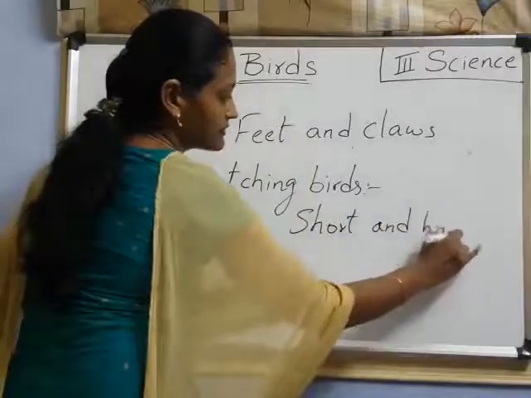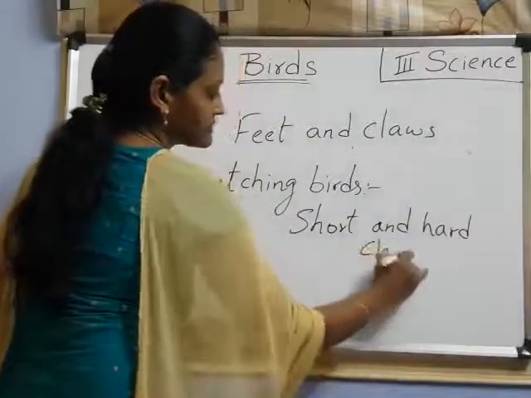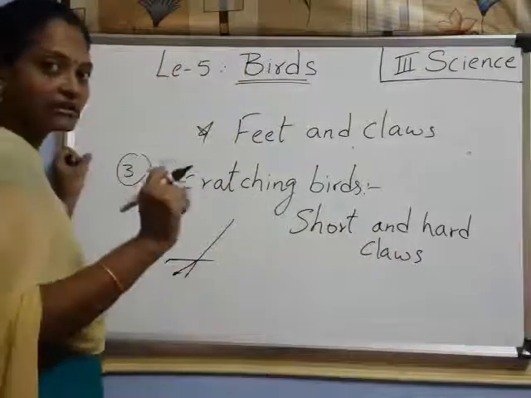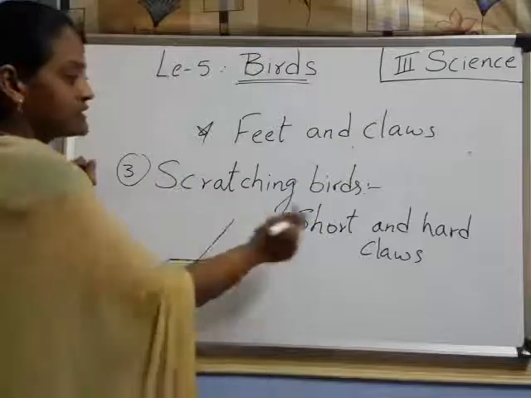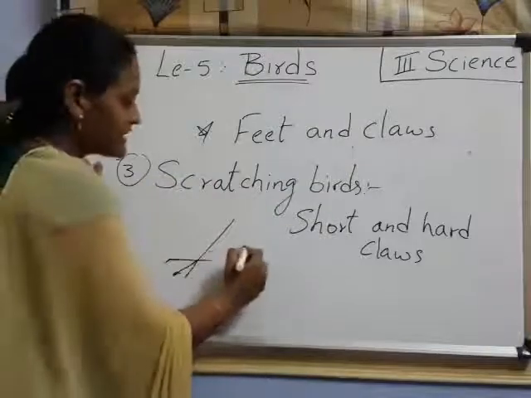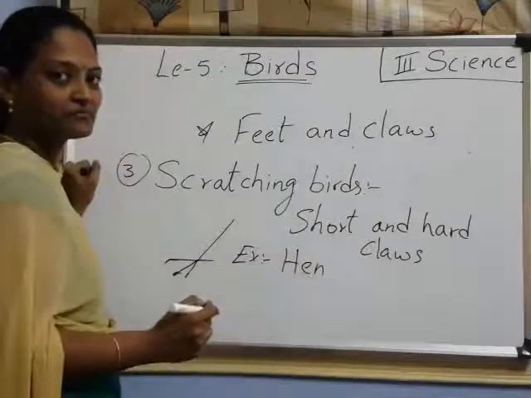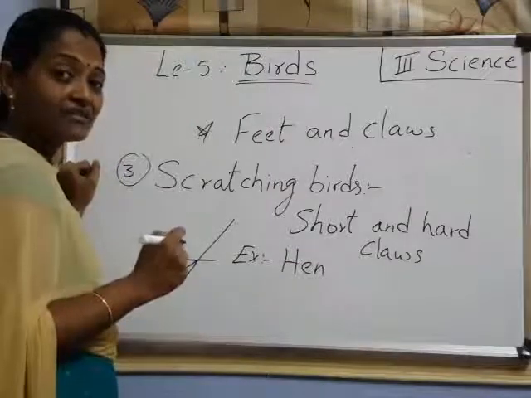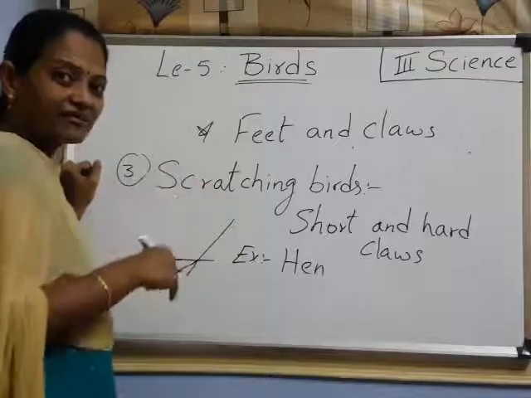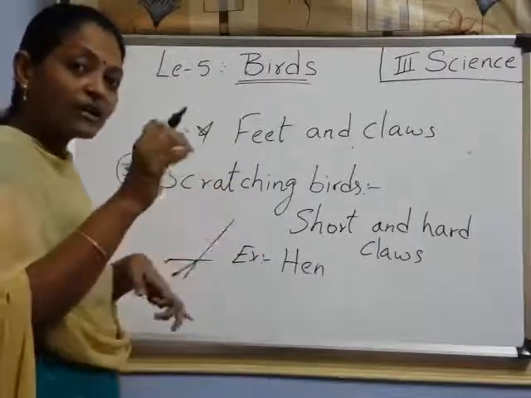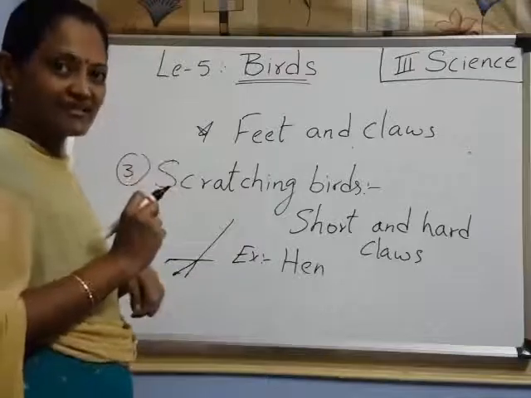Very short, but very hard claws. The main example for these birds is the hen. You know the hen, right? Have you seen, children, the hen digs the ground?